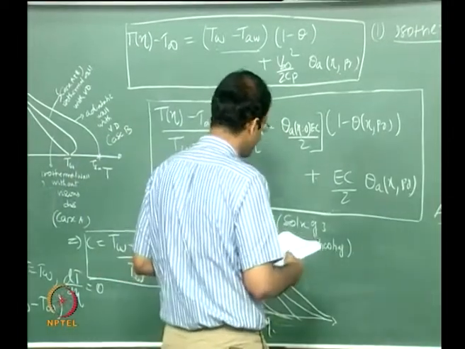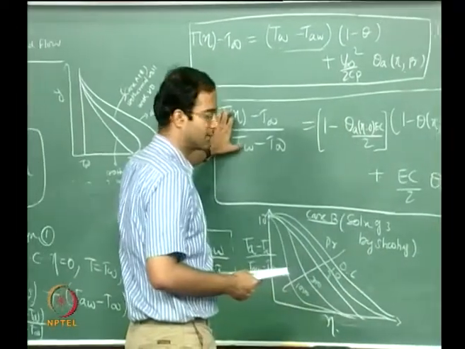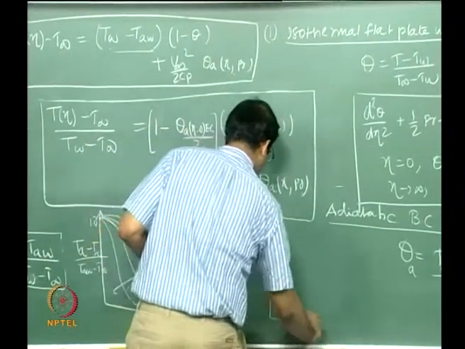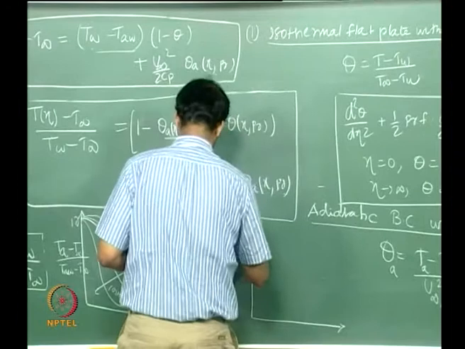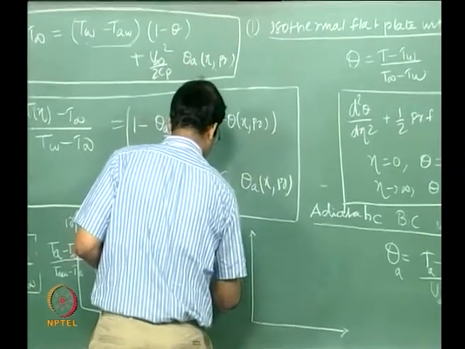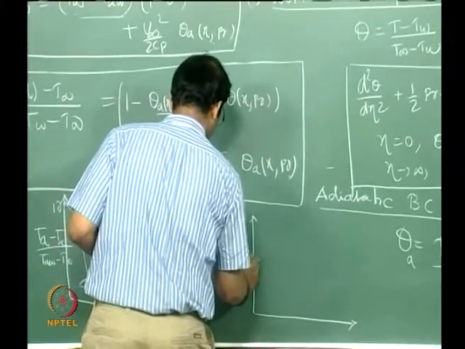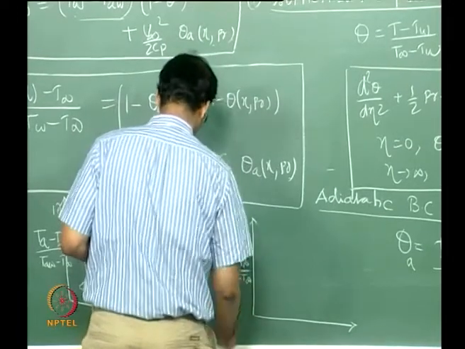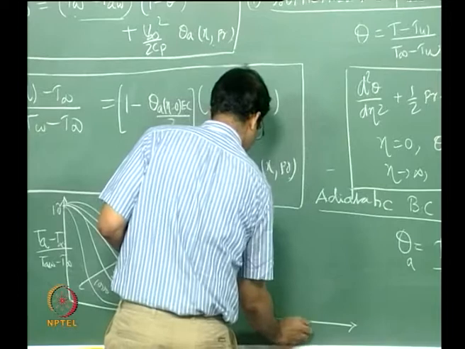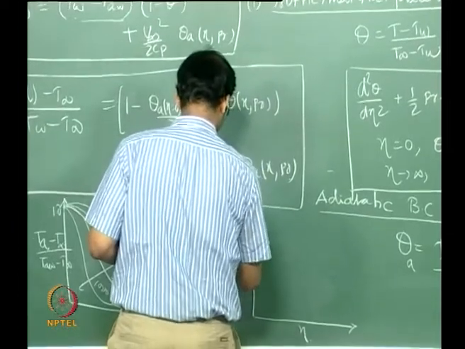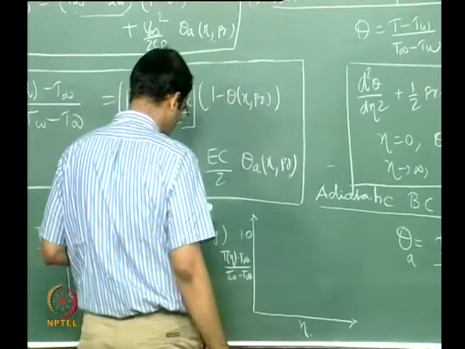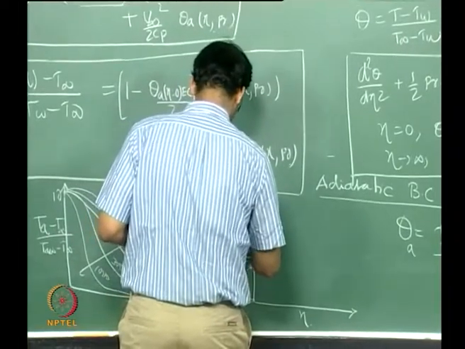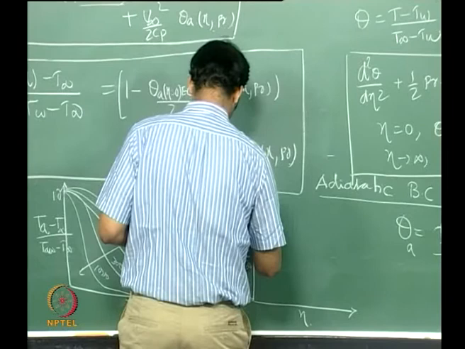now for the general solution for this, the combination of these two solutions, if you can plot for a given value of Prandtl number, that is my T of eta minus T infinity by T wall minus T infinity, as a function of eta. This will also be between 0 and 1, and this will show a behavior something like this.